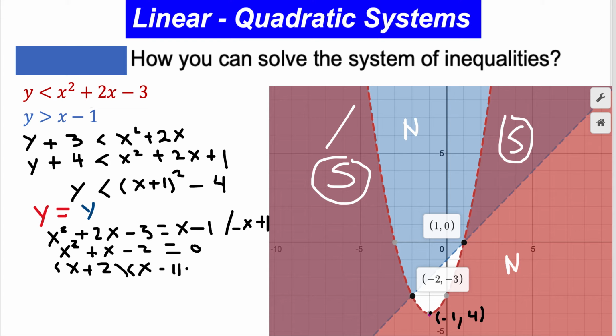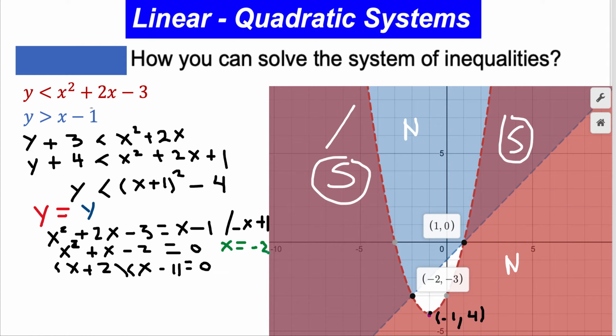And from here it is obvious. So x is equal to minus 2. From this factor, we know that x plus 2 equal to 0 gives x equal to minus 2.